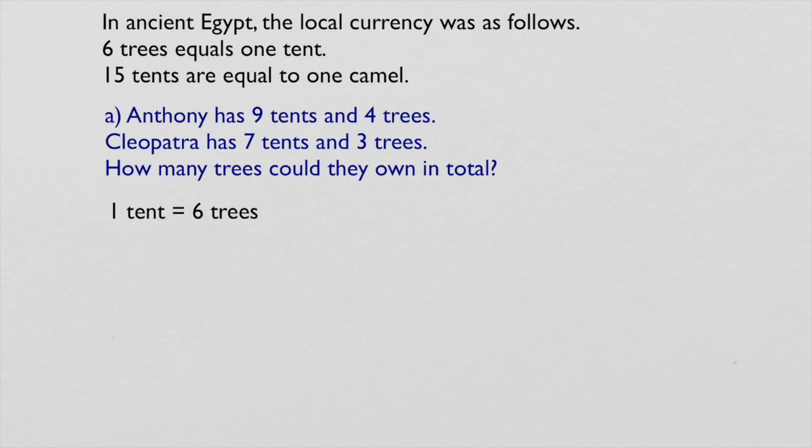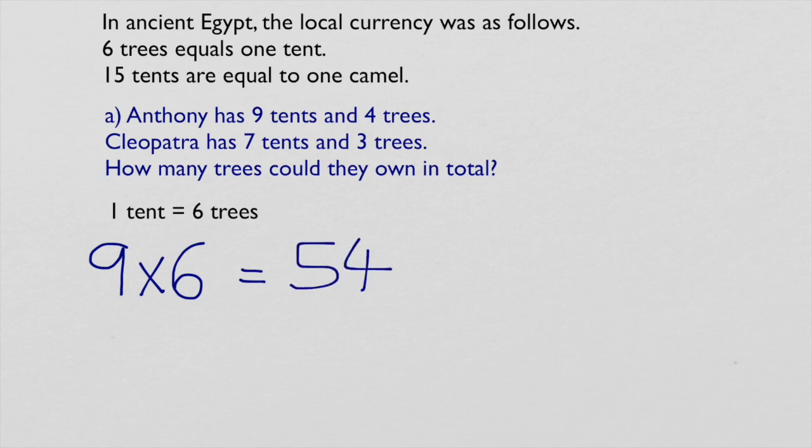So for part A, basically we have to turn everything into trees. And we have a combination of tents and trees for both Antony and Cleopatra. And we just have to turn both of those into trees and add them all together. So for Antony, he has 9 tents. Okay, so how many trees is that? If 1 tent equals 6 trees, in that case I have to do the calculation 9 times 6, which equals 54.